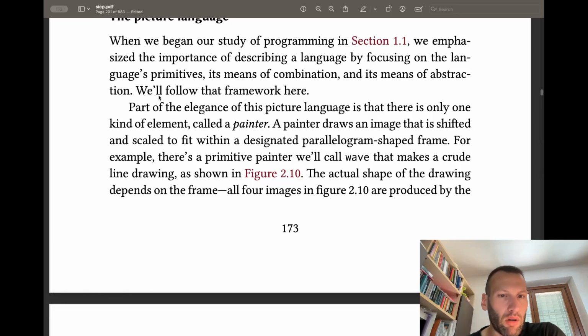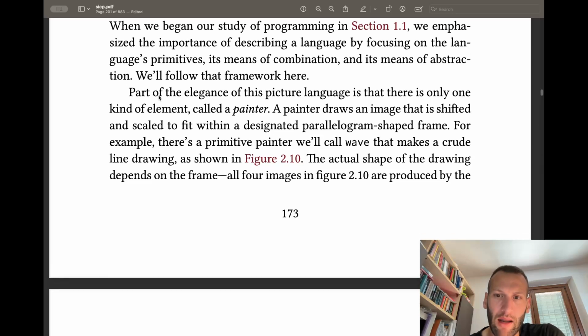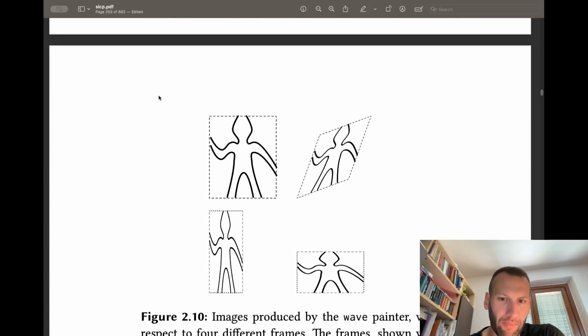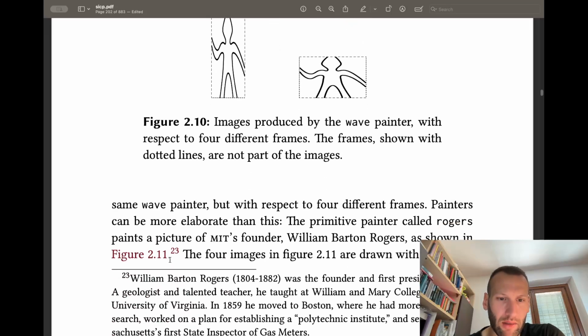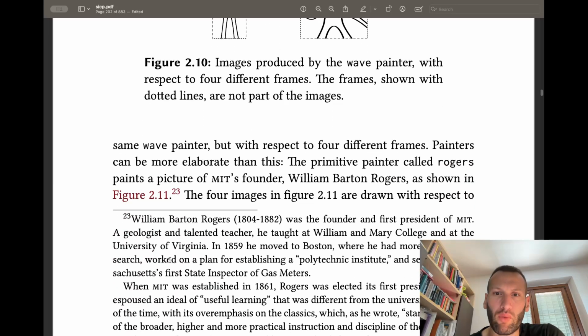For example, there is a primitive painter we'll call wave that makes a crude line drawing as shown in figure 2.10. The actual shape of the drawing depends on the frame. All four images in figure 2.10 are produced by the same wave painter, but with respect to four different frames.